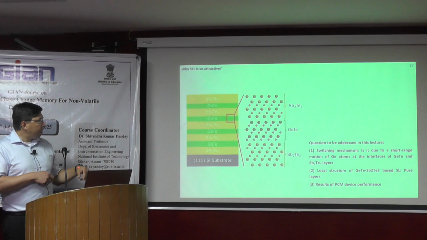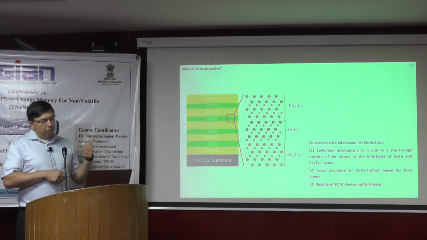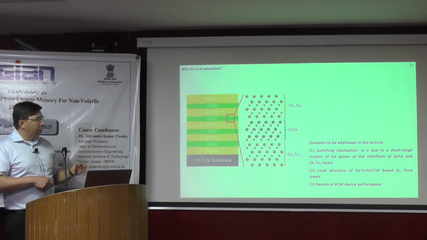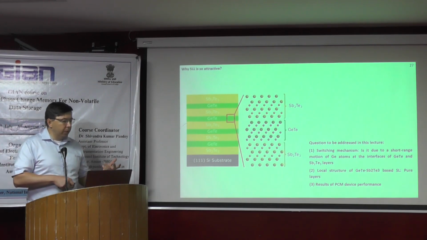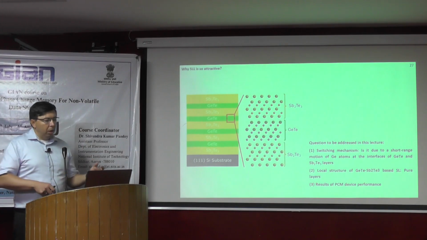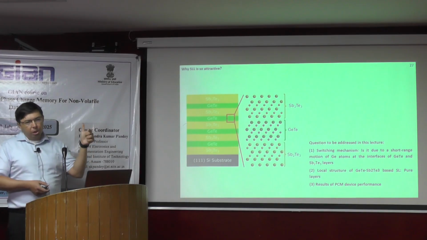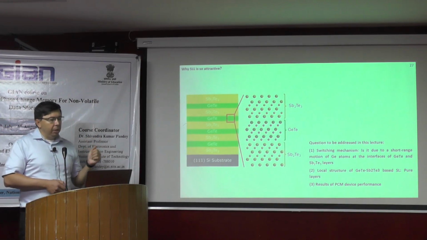On the other hand, antimony telluride has low crystallization temperature but high switching speed. If you combine them in one stack, in one superlattice, you can benefit from both properties, and maybe get a material with high crystallization temperature and high switching speed. So this was the idea.